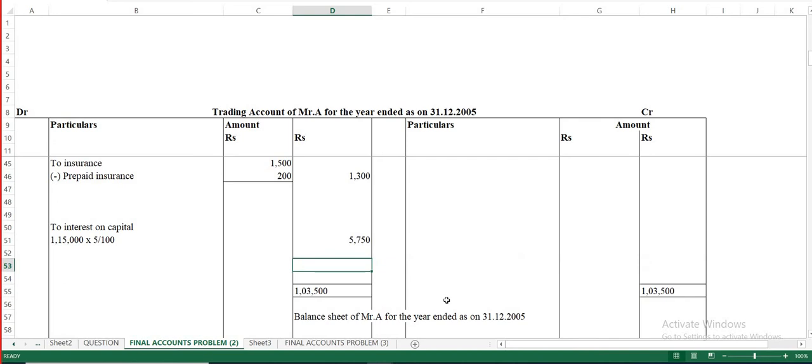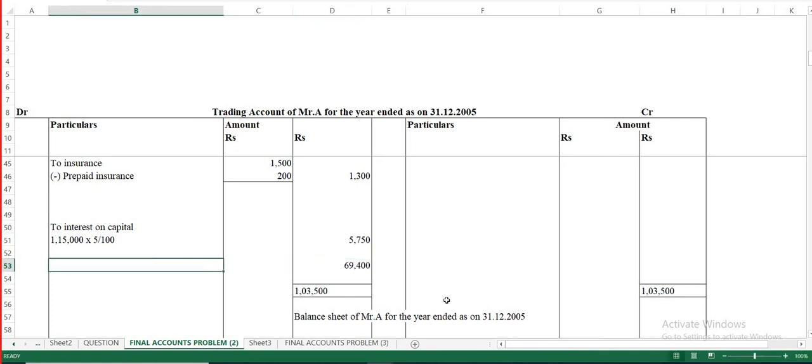On this side you will be getting that balancing figure, as shortage is there on this side. 1,03,500 minus 34,100, the amount is 69,400, I am getting. You just check it up. So this is known as net profit carried down. This has to be transferred to the balance sheet.